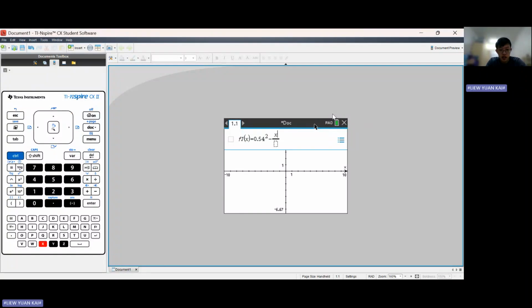The unknown is M2, so we just labeled it with x, plus 2 divided by 1.4 minus 1, 2 times 1.4, 1.4 minus 1, x squared minus 1.